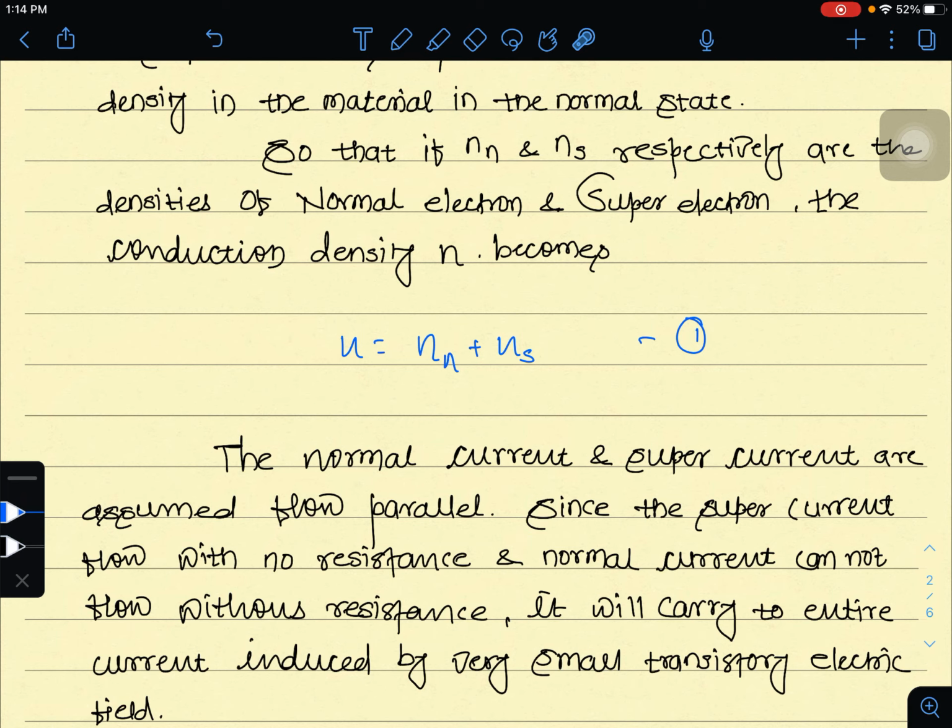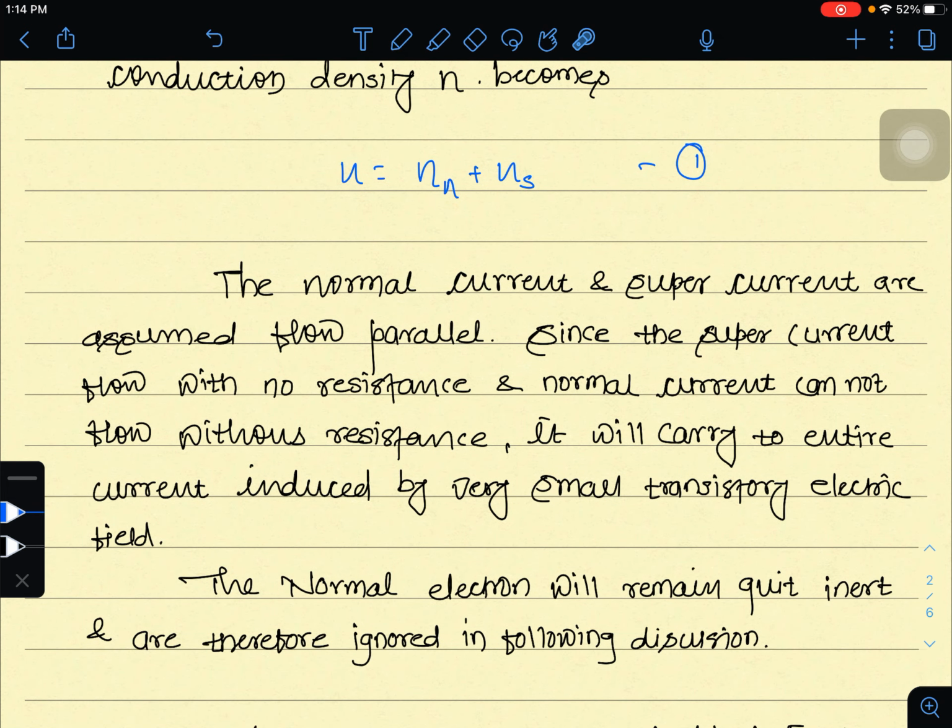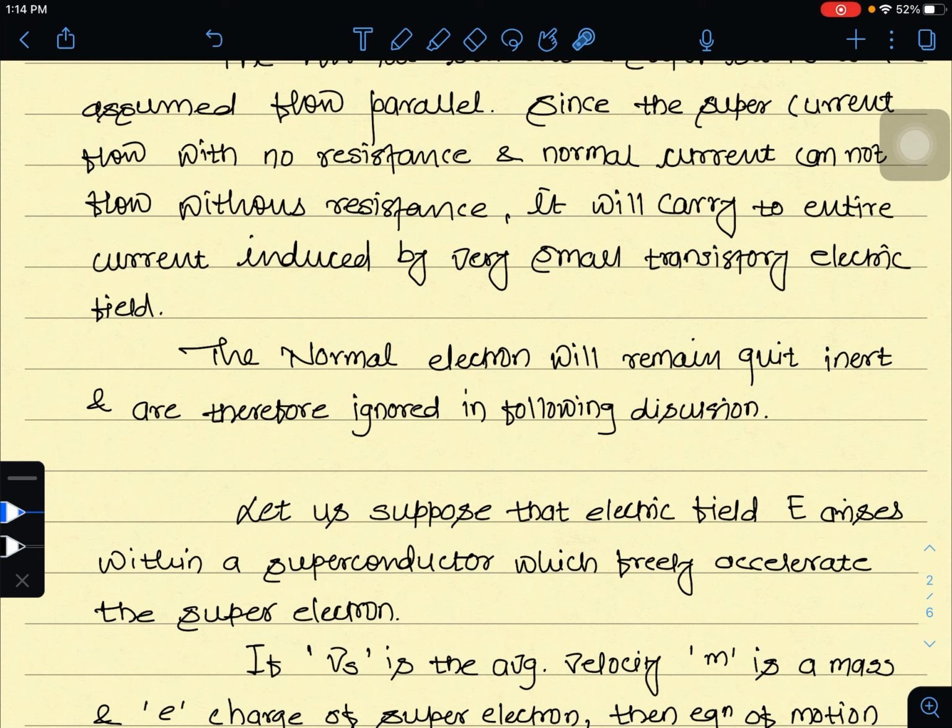And the entire current is induced by a very small transitory electric field. That means it is not a large electric field that is needed to drive the current flowing through the circuit. Next, the normal electrons will remain quite inert, and therefore are ignored in the following discussions.